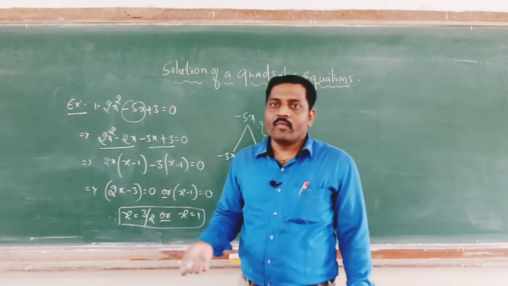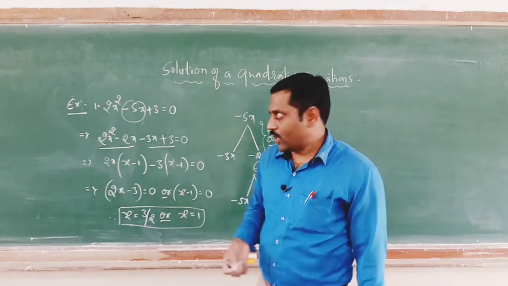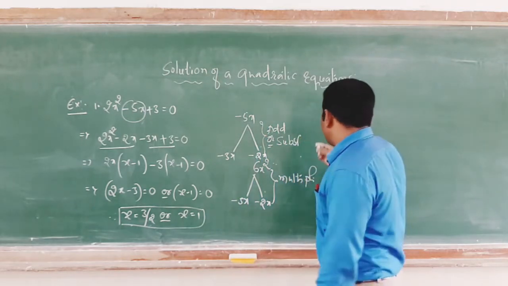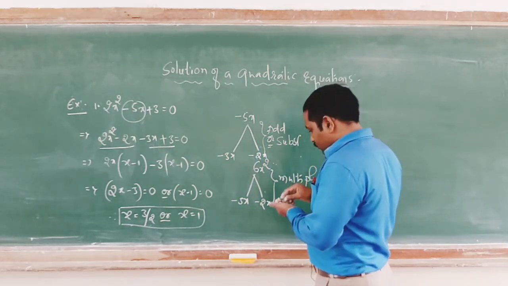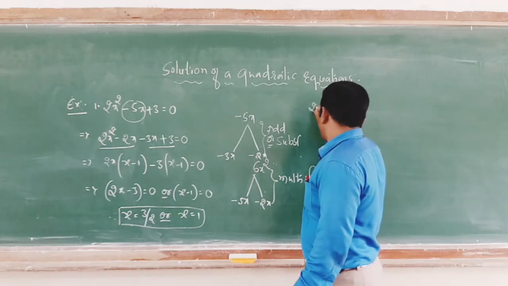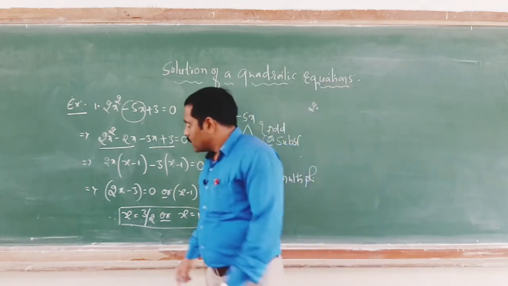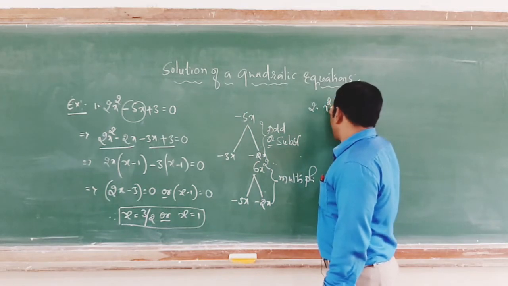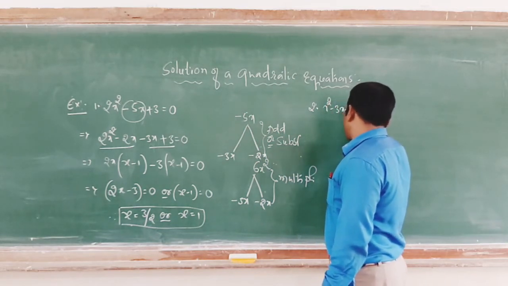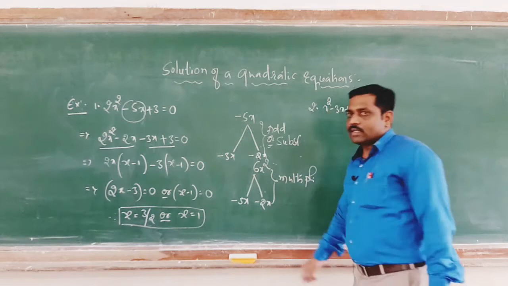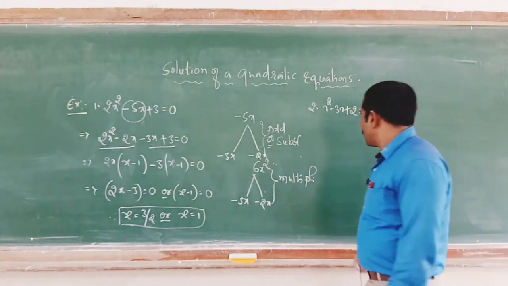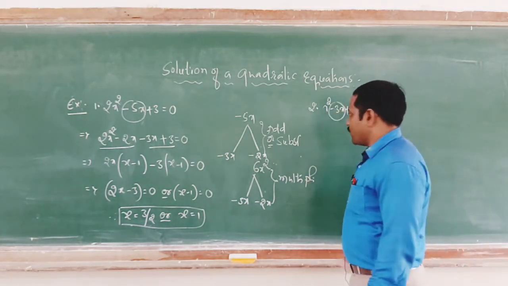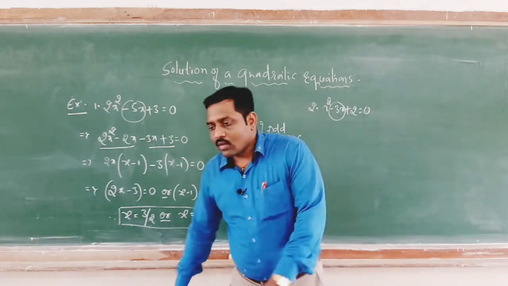I will go to one more example. I take the second example: x square minus 3x plus 2 is equal to 0. The middle term, minus 3x, can be split.